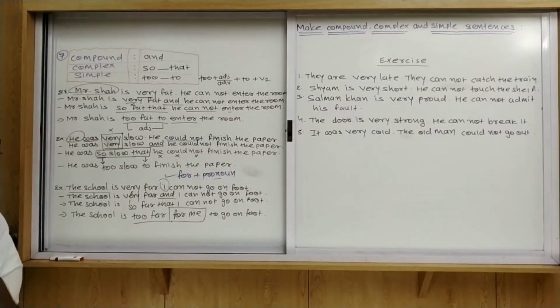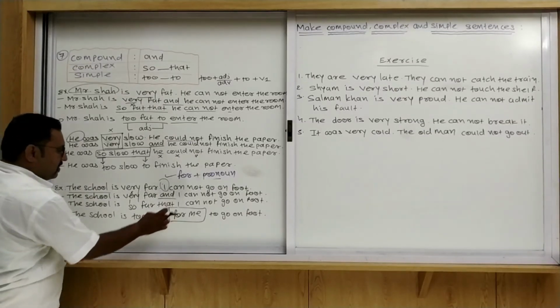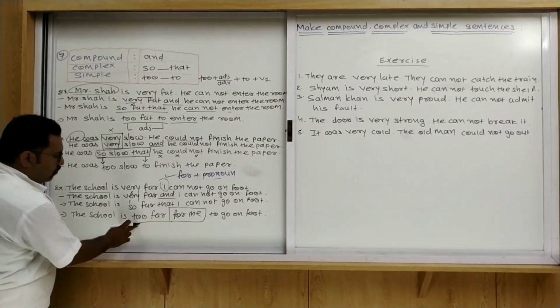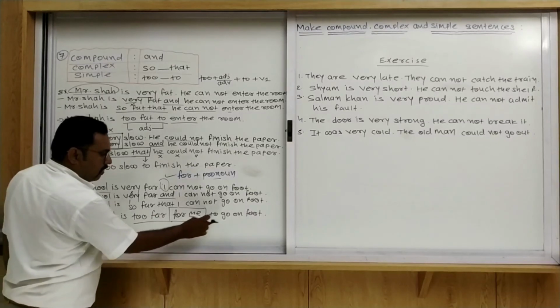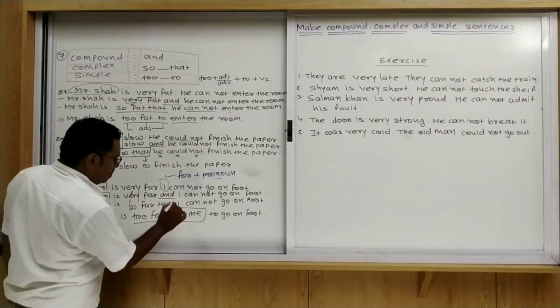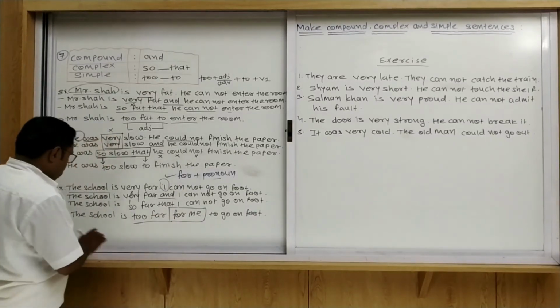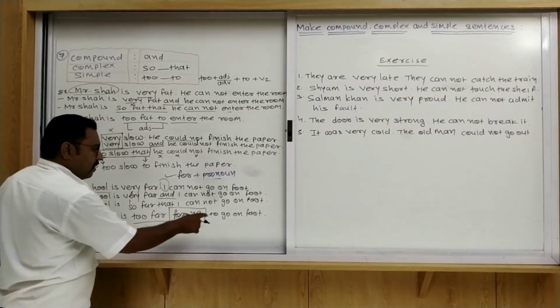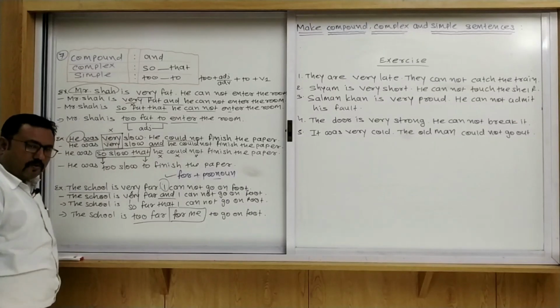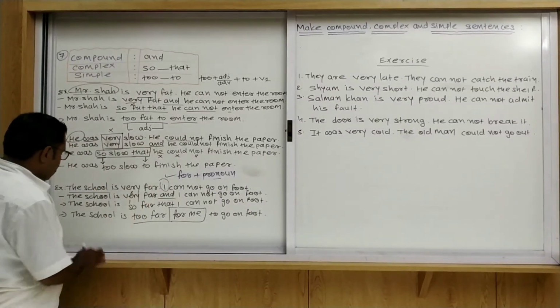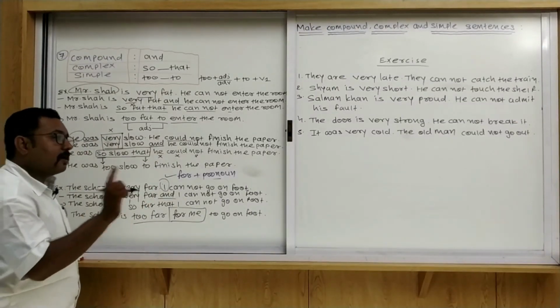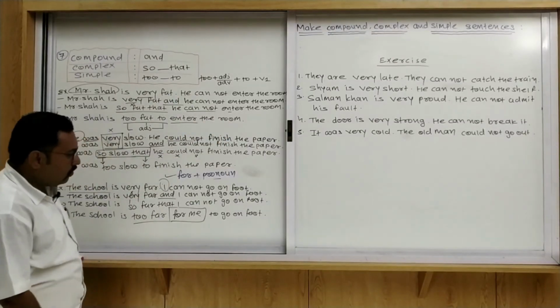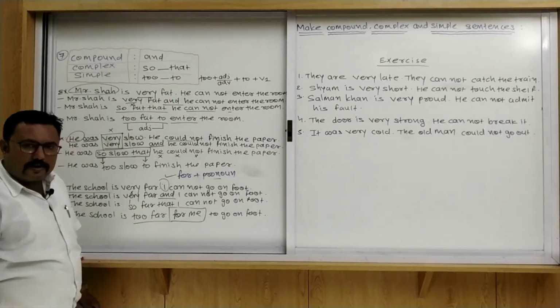Okay. Suppose the subject given here is she. So the school is too far for her to go on foot. Suppose the subject given here is he. So the school is too far for him to go on foot. Okay, suppose they is given, so the school is too far for them to go on foot. Okay, did you get the point?